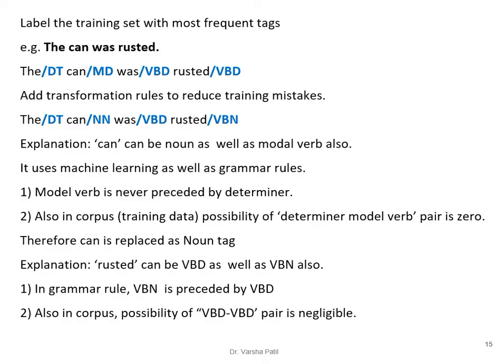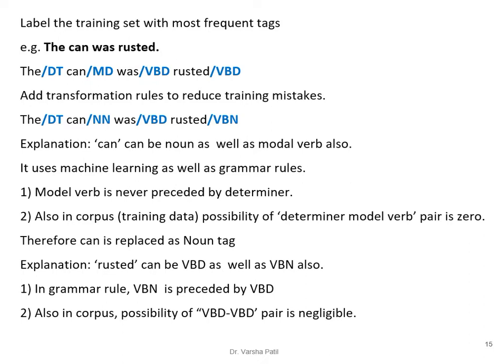See the explanation of how the probability based tagger works. Can can be a noun as well as a modal verb, because can has this ambiguity. It uses machine learning as well as grammar rules. A modal verb is never preceded by a determiner. Here the can is coming, so a modal verb is never preceded by the determiner.